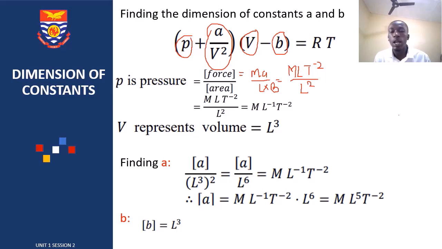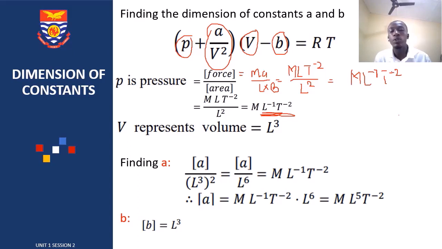If we bring this one up, we just cancel the L together so that we get only 1 L left at the denominator. We get the final answer to be big M, L raised to the power minus 1, and T minus 2. I think it's very difficult using the mouse to write it. So this is the dimension for pressure.